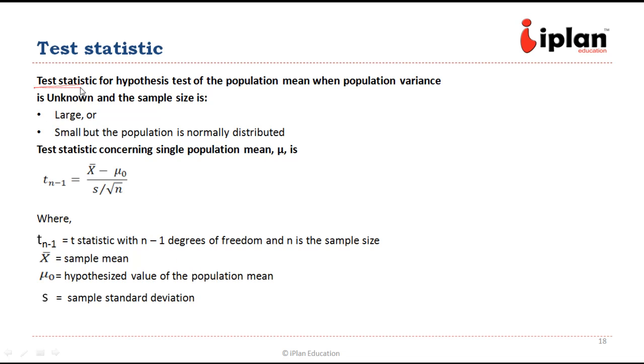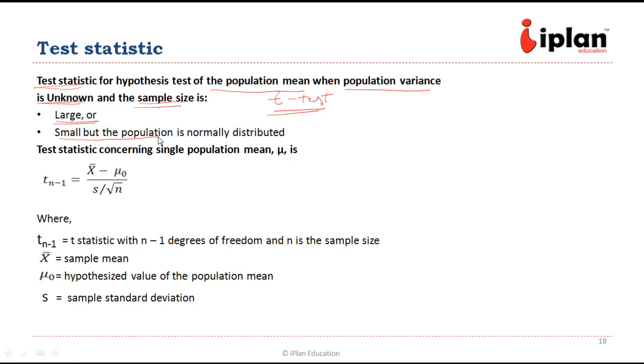Here we are looking at various test statistics based on the given cases. For example, if we want to compare the population mean with a number when the population variance is unknown. We already know that if the population variance is unknown, we use the t-statistic instead of the z-score, but the sample size has to be large enough.